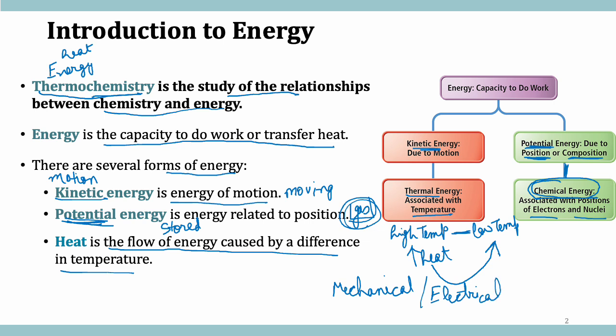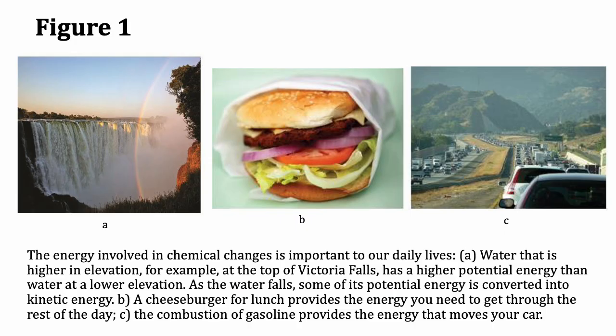These are all different forms of energy. For instance, in this figure, you can see water. In the first image is a waterfall. Water is moving really fast. So this water, which is in motion, has a lot of kinetic energy. And when it is static on top, that is when it has a lot of potential energy.